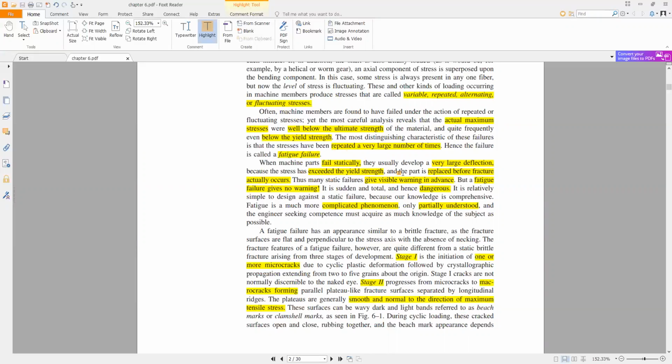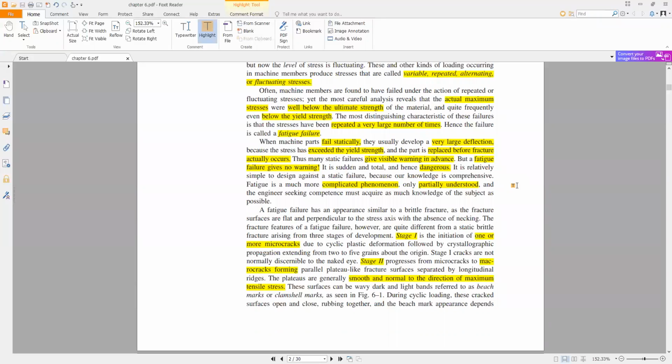Before it fails, we know that value, so we can replace the part before the fracture happens to protect our parts. The whole machine can still run, because before failure we can replace the part or reduce the force. So it gives a visible warning in advance.